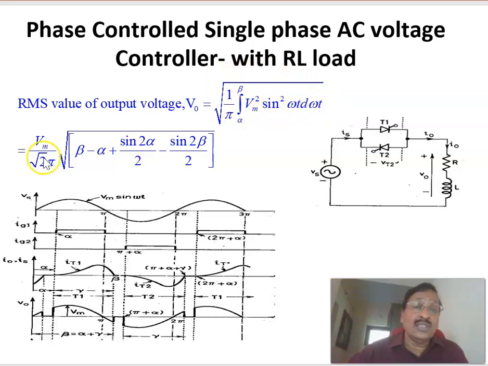We have to solve this equation, and we get Vm by root pi times square root of beta minus alpha plus sine 2 alpha divided by 2 minus sine 2 beta by 2. Therefore, in terms of alpha and the extinction angle beta, you get the RMS value of the output voltage. That depends upon the value of the inductance, since beta is decided by the value of the inductance.